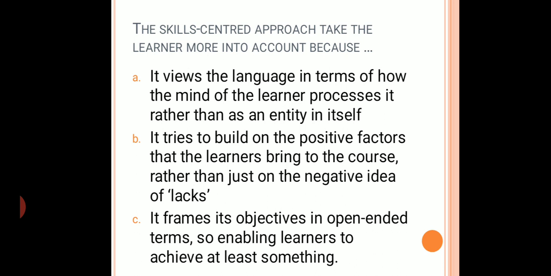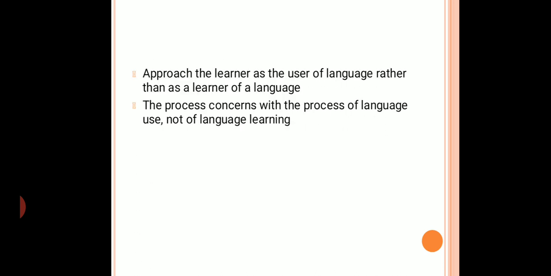So this is the good part. We want to make learners achieve something in their class. At least they can learn something. And then approach the learner as the user of language rather than as a learner of a language, and it is concerned with the process of language use, not of language learning.